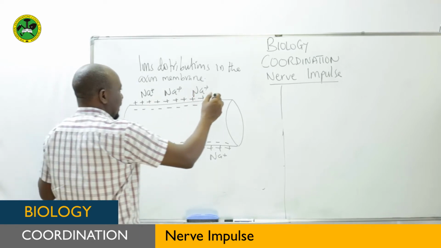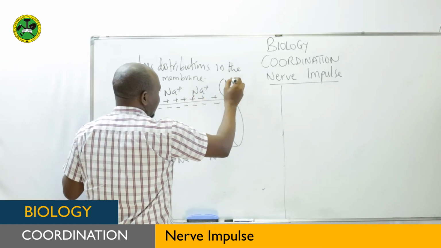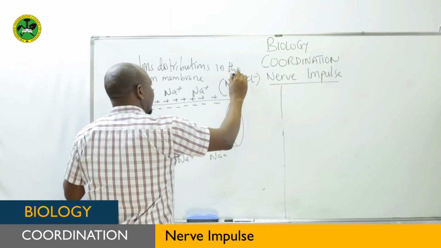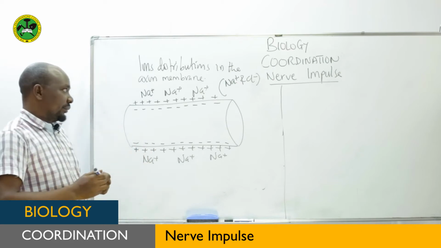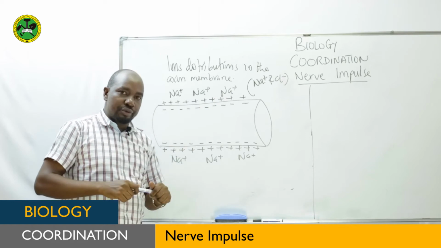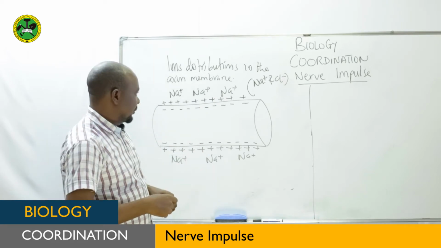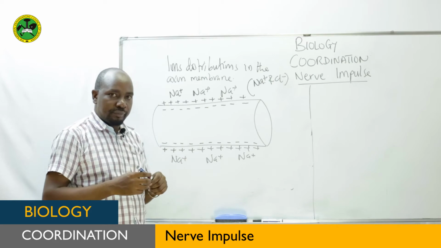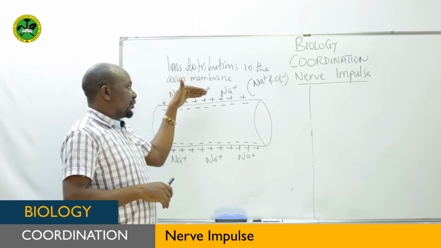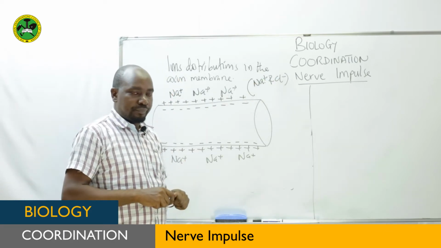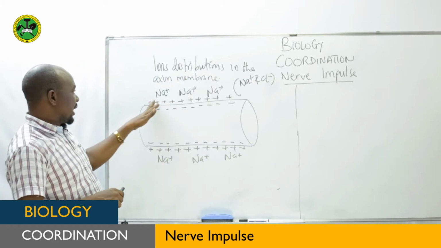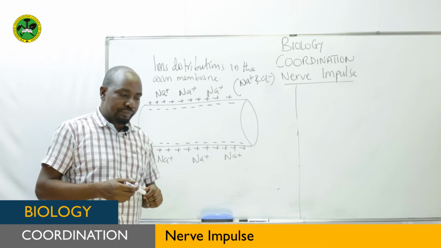The outside of the axon is highly accumulated with sodium ions and chloride ions. That is the thing to understand. So it is positively charged because the net charge is positive, meaning that there are more sodium ions than chloride ions. But both of them are there. So the net charge becomes positive.